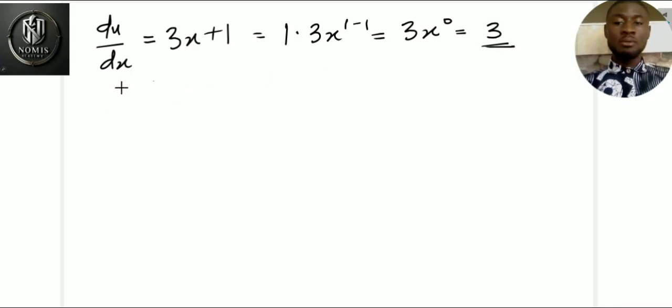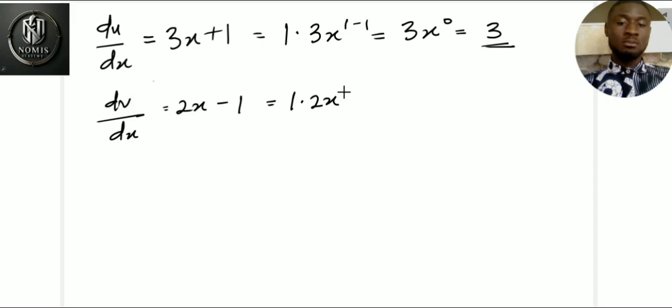Now, the dv/dx. Remember, the v is 2x minus 1. If you differentiate 2x, you are going to have 1 multiplied by 2x to the power of 1 minus 1, then minus 1 is just minus 0, because if you differentiate 1, that is 0.